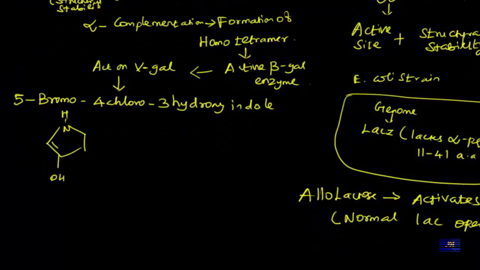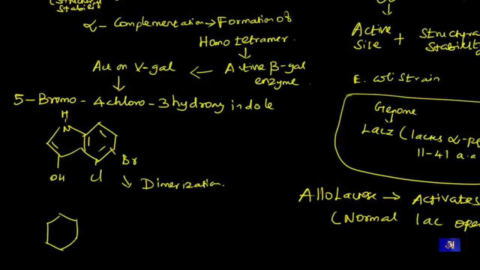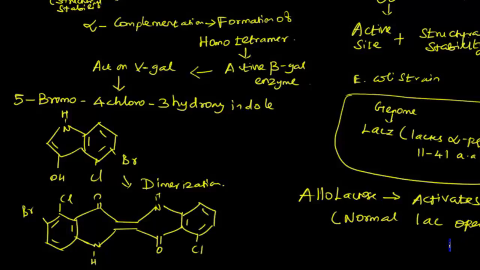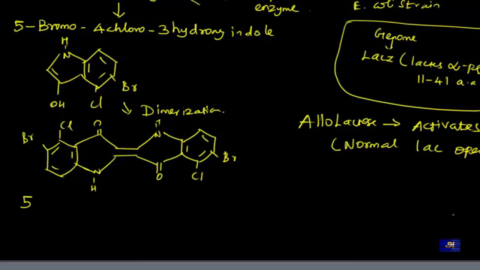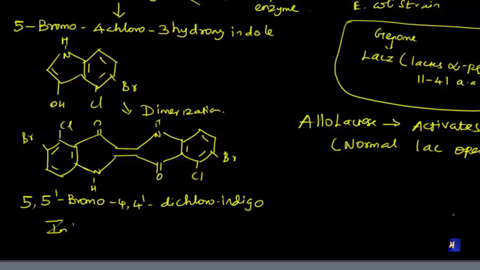XGAL is nothing but an alternative form of lactose, an analog of lactose. This XGAL will form a dimer further. This dimer is responsible for the formation of the blue color. So if the blue color exists, the DNA isn't integrated into your clone.